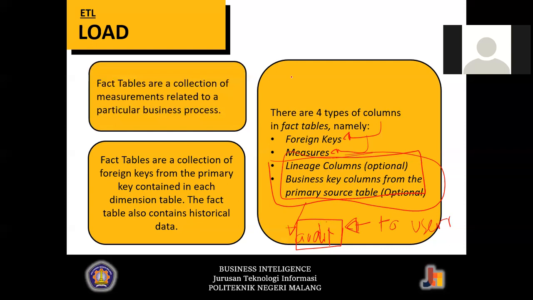The third column and the fourth column are optional, and they are only used for auditing the table or auditing the data, and the data itself will not be shown to the users, because we only use these two columns to verify the data that we have.